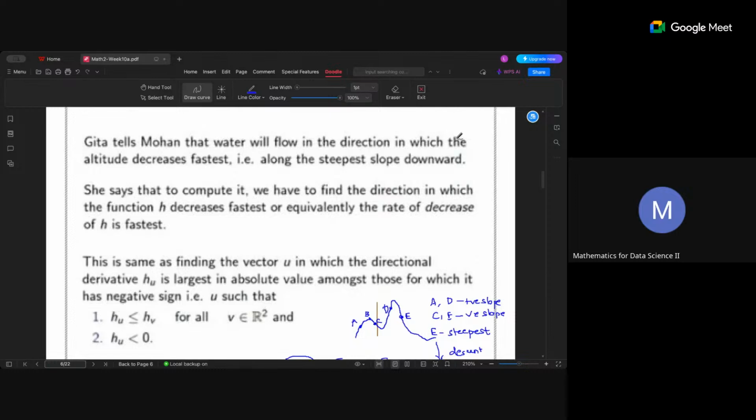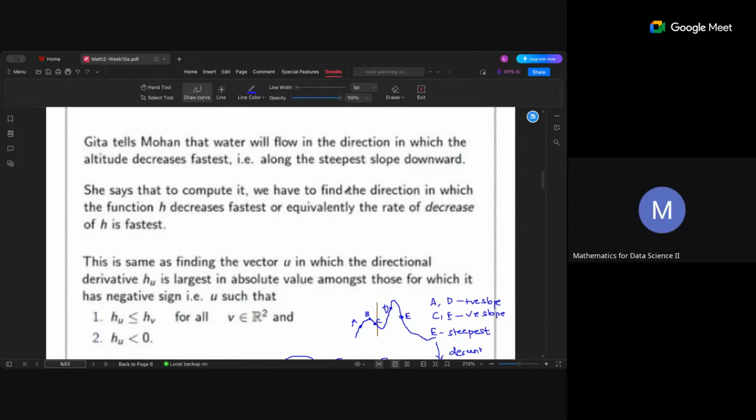So that place the slope is steepest. Okay, got it? But why are we trying to find the steepest slope? Because that is where the water flow is going to be fastest. Correct? When the slope is steepest, the water is going to flow fast.